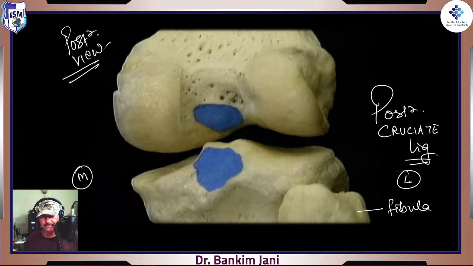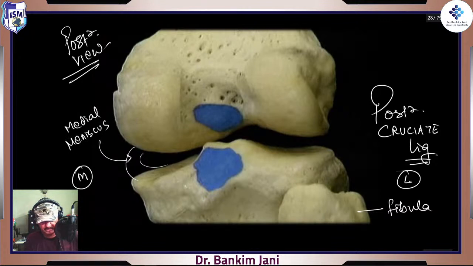That portion is settled. See this? This is where the medial meniscus would go, correct? That's where the medial meniscus would go, and here there would be the lateral meniscus. All right, so far so good.